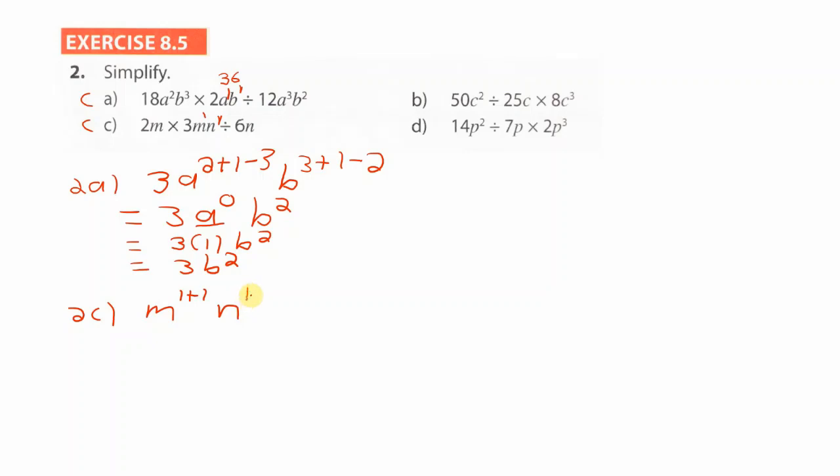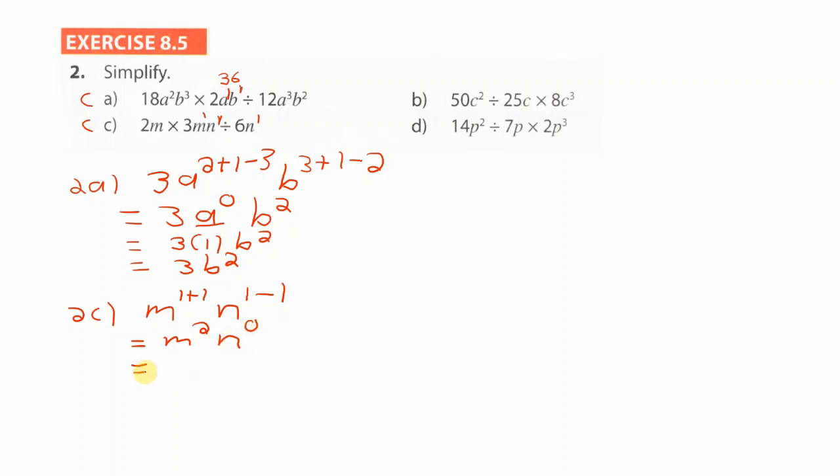So we have 1n. We are dividing, which means we are going to decrease the powers of our n. So we are going to decrease by 1 because there's an invisible 1. So now we have 1 plus 1 is 2, and we have 1 minus 1, which is 0.